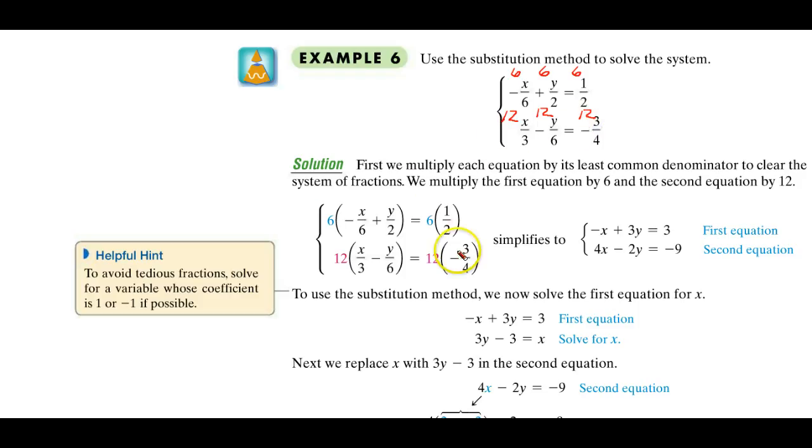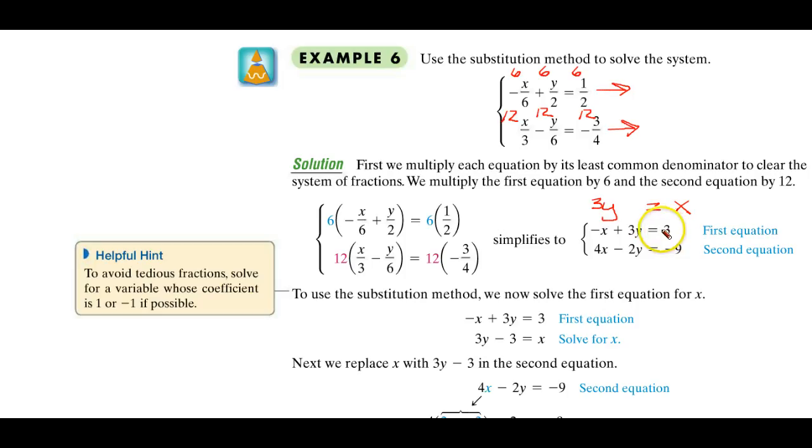So when I do that, my new equations become this. Now there is an x all by itself. So I like a nice positive x. I'm going to take this x, put it over to this side as a positive x.